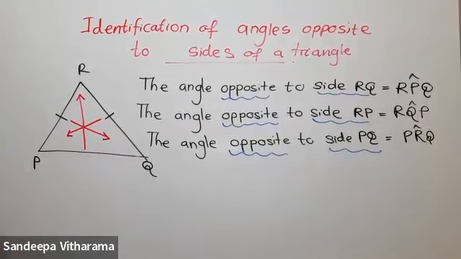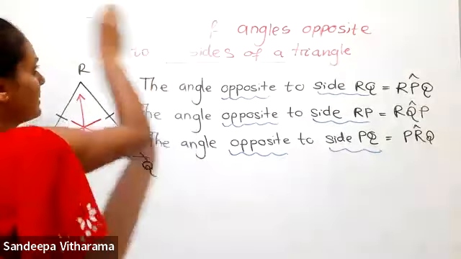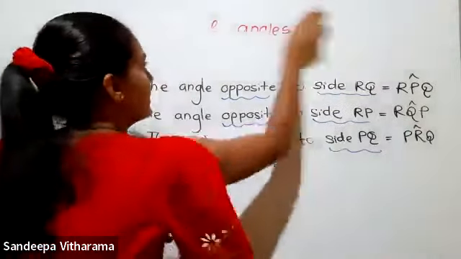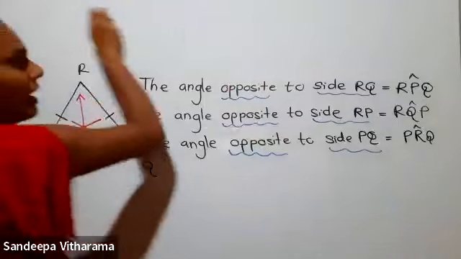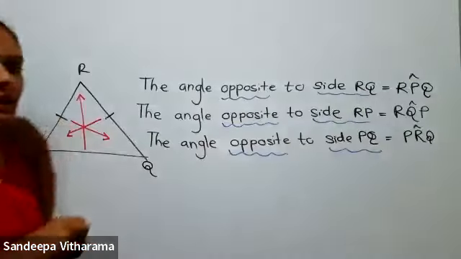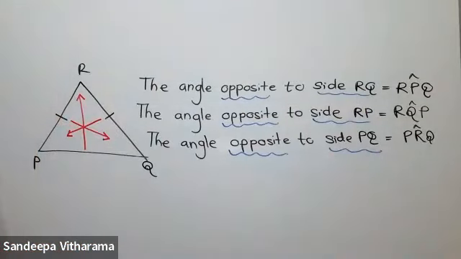Okay, then after that let's learn about the theorem. The first theorem that we have learned in this lesson is about the relationship between the angles opposite to the given sides.